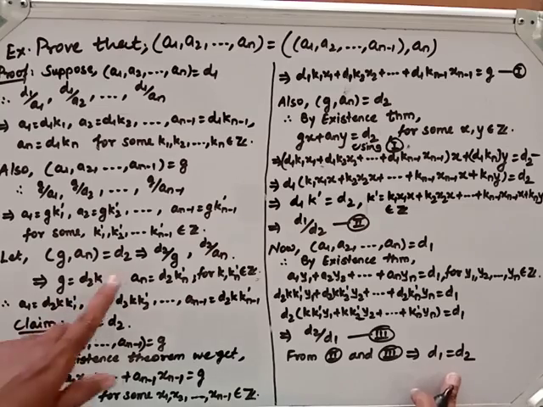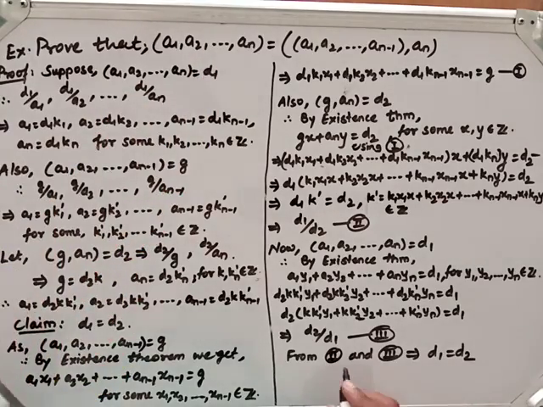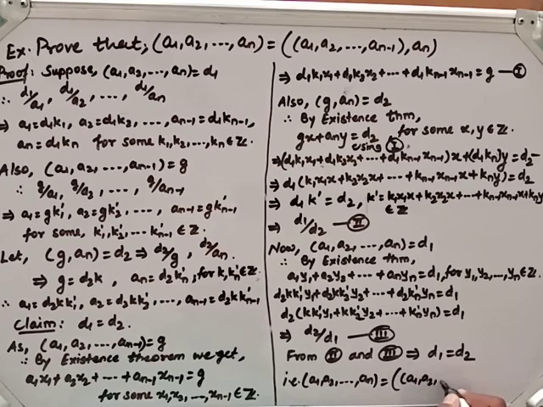And d1 equal to d2 is the same as to say our required thing: the GCD of a1, a2 so on up to an is the same as the GCD of a1, a2 so on up to an minus 1 and an. These are equal. So this is the general proof for this node.